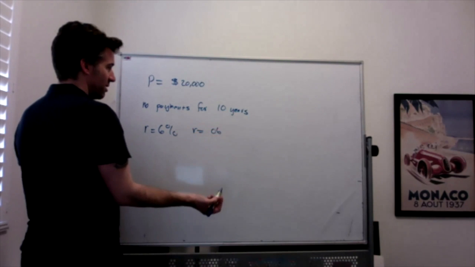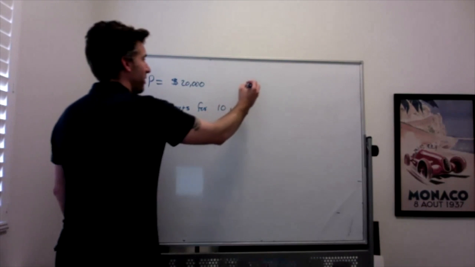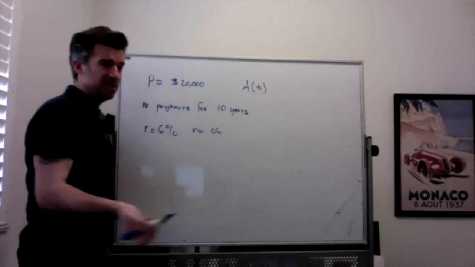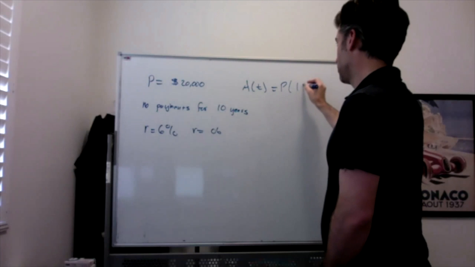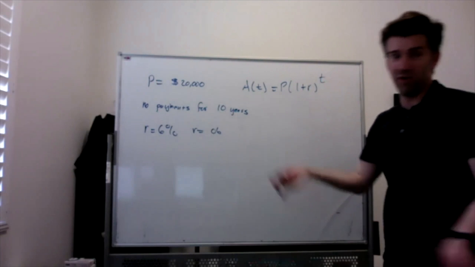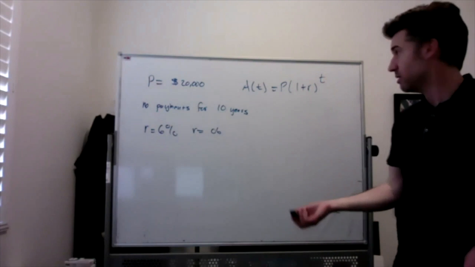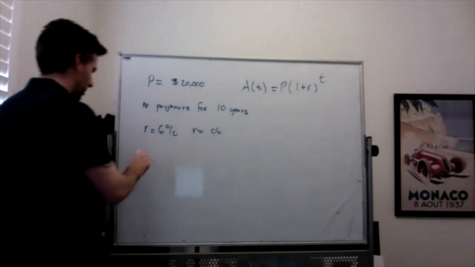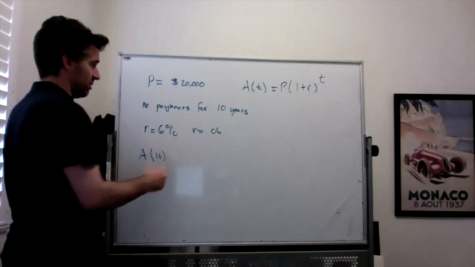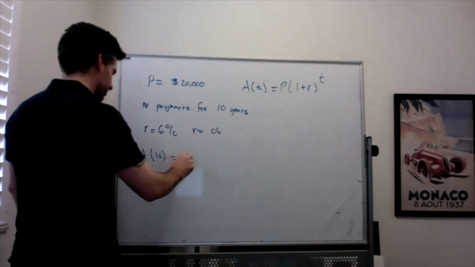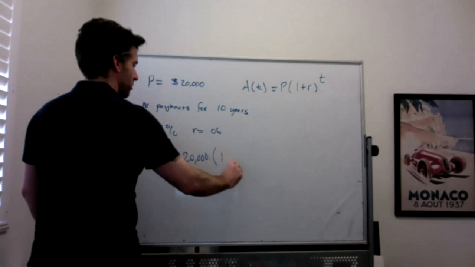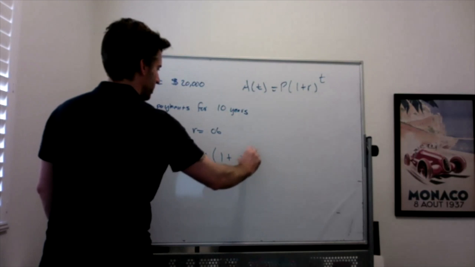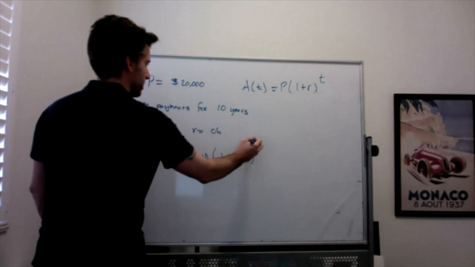And we're really just going to throw everything into this formula. In these problems, there's not a whole lot more than just throw your numbers in and see what happens. So the amount of money we owe after 10 years is $20,000 times 1 plus 0.06 to the 10th power.